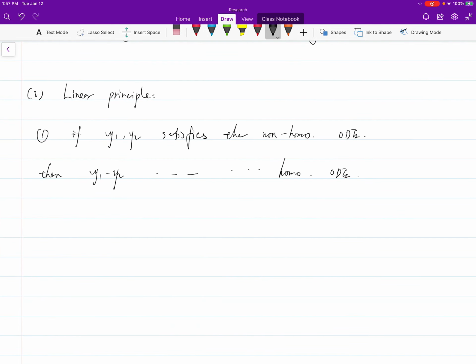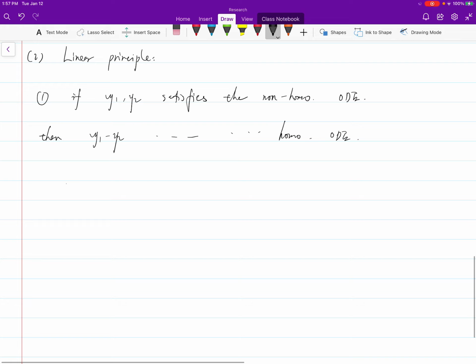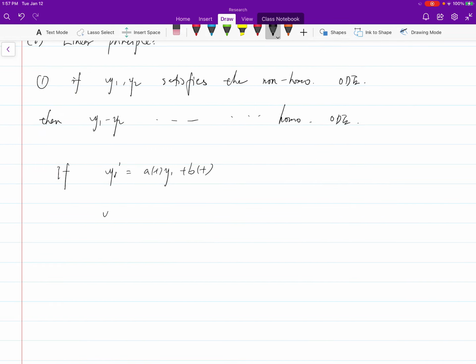Okay, let's translate it into a mathematical expression. That basically means if y1 prime equals A(t) y1 plus B(t), which means y1 satisfies the non-homogeneous case, and y2 prime equals A(t) y2 plus B(t), and then you take the first equation minus the second equation.